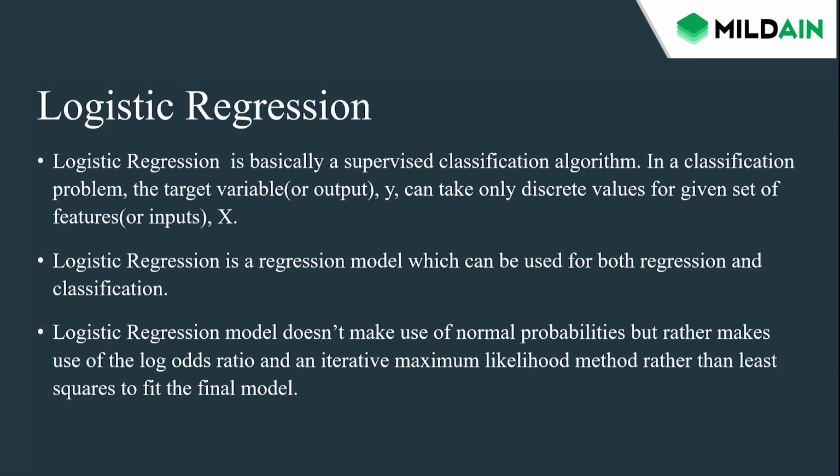The logistic regression model does not make use of normal probability, but rather it uses the log of odds and an iterative maximum likelihood method rather than least squares to fit the final model, right? We are using probability theory, that is log of odds and the maximum likelihood method, in logistic regression.